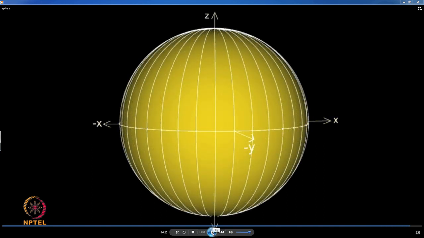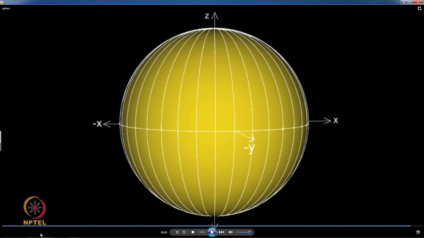Okay. So that is the spherical coordinate system, in which you can see the variation in theta given by these different arcs and the value of phi corresponding to each one of these arcs, starting from the x axis and then going around to the plus y, to the minus x, to the minus y and back, you have 2 pi.